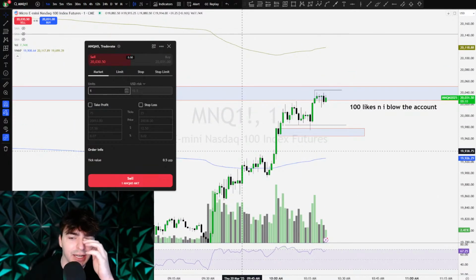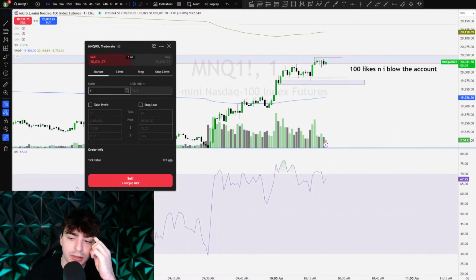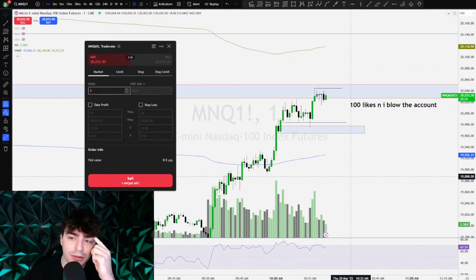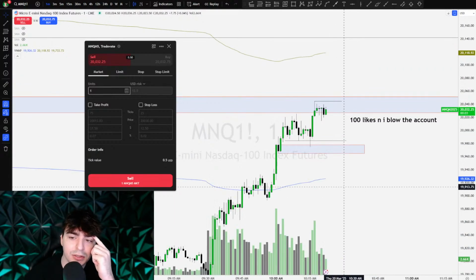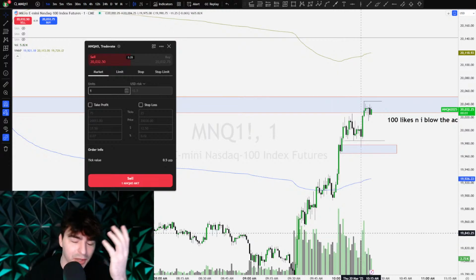Oh my god, I feel like I gotta take this. I don't know if RSI is going to be able to get back above being oversold. I mean, overbought. Jeez, keep saying that.